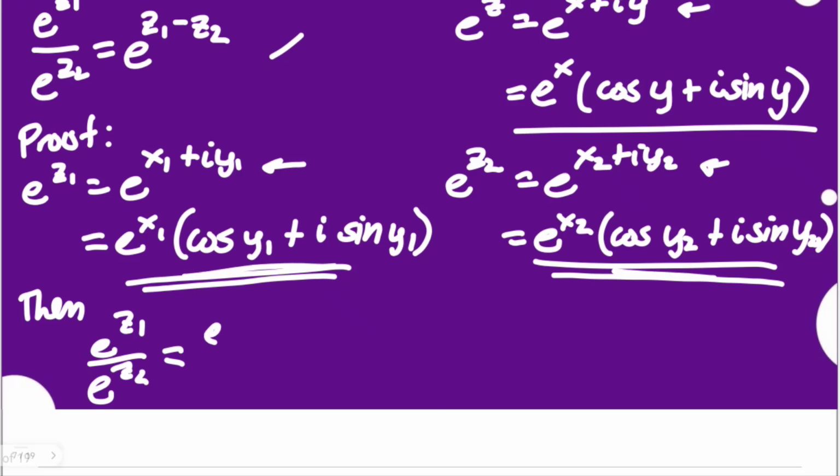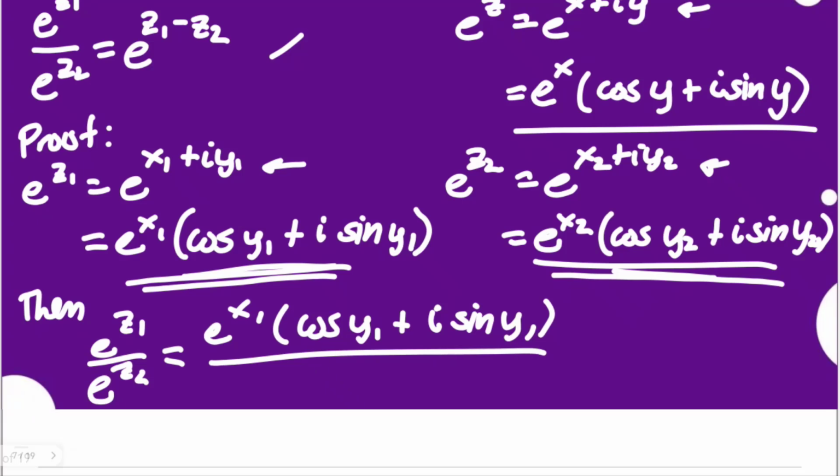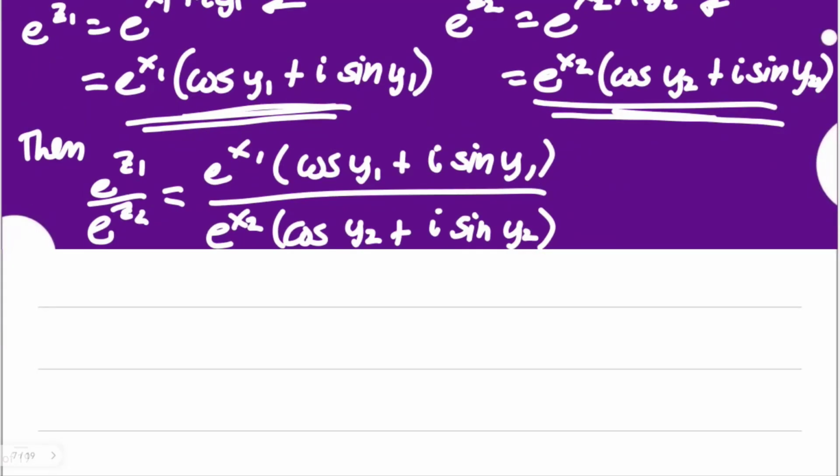We have e to the power of x sub 1 times cosine y sub 1 plus i sine y sub 1 over e to the power of x sub 2 times cosine y sub 2 plus i sine y sub 2. Now, take note that these two can be taken already as one ratio. This would be equivalent to e to the power of x sub 1 over e to the power of x sub 2.